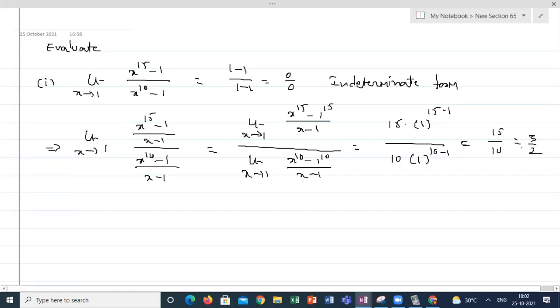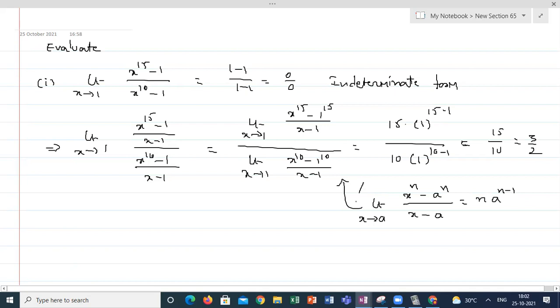Is it clear how I did this question? Please observe. Any doubt anywhere? If you are not understanding, please let me know, guys. What is the formula I applied here? Limit x tends to a, x power n minus a power n divided by x minus a can be written as n into a power n minus 1.